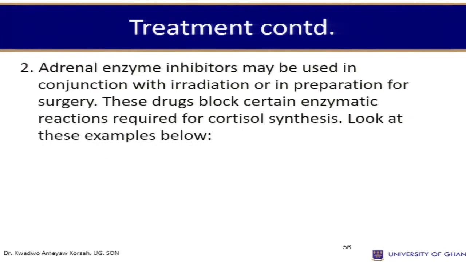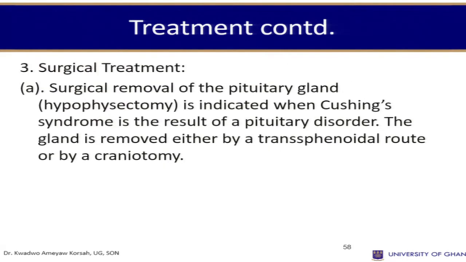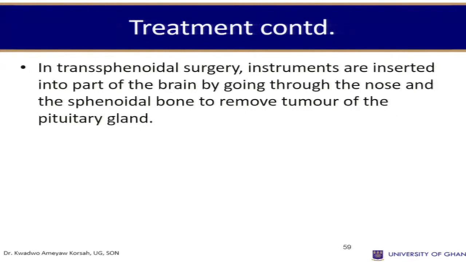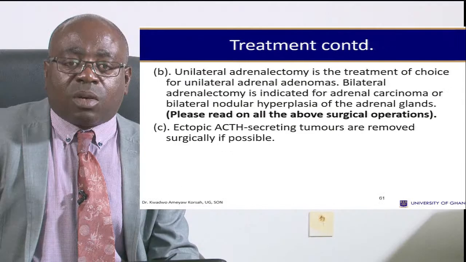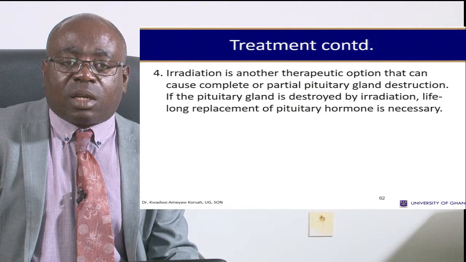So the adrenal enzyme inhibitors are also important, and then surgical treatment may also be used to remove the pituitary gland, if it's indicated when Cushing syndrome is the result of a pituitary disorder. So the gland is removed either by the transsphenoidal route or by craniotomy. So you can read over these ones, and the surgery will provide further news.